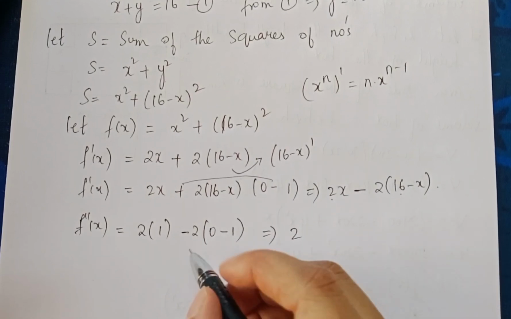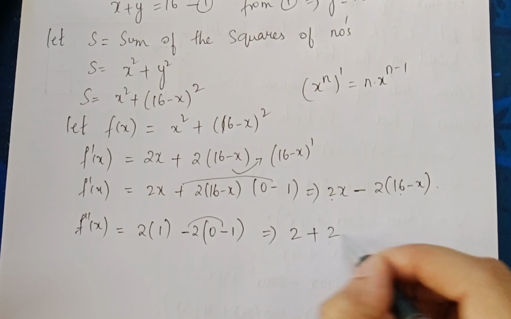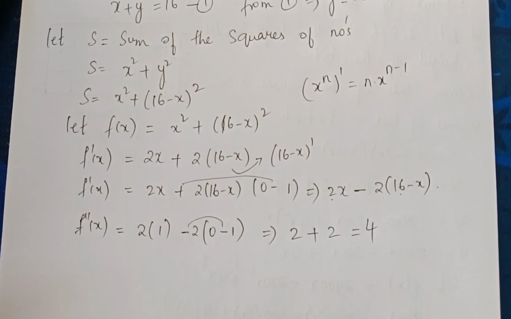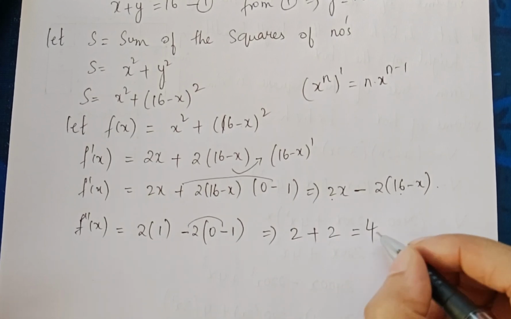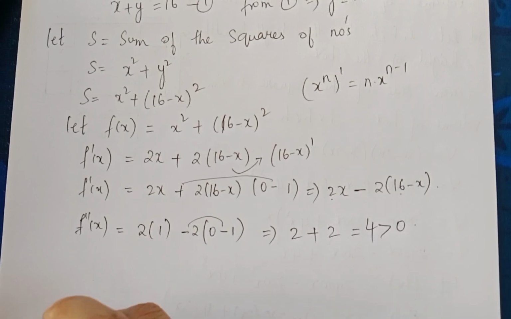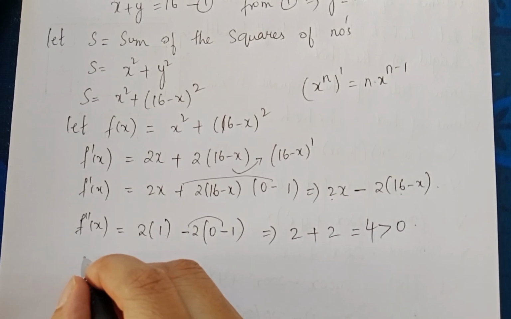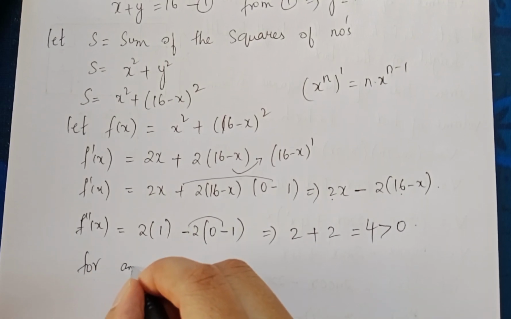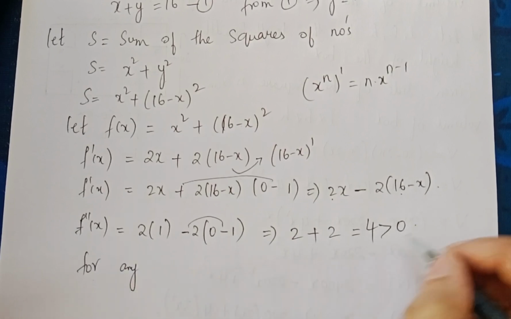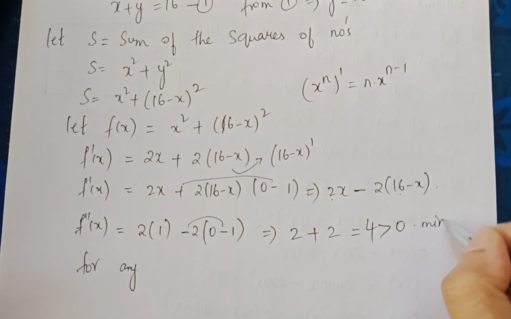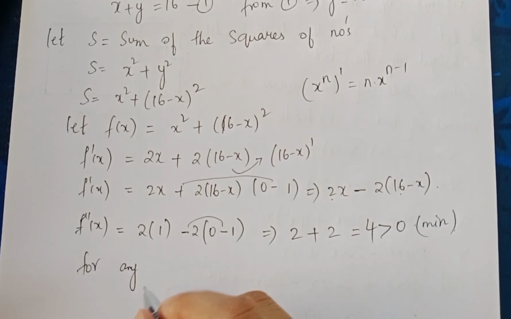So you will get 2, minus of minus is plus 2, so the answer will be 4. 4 is greater than 0. So we know that for any value greater than 0, it is a minimum, right? Minimum function of the sum of those.